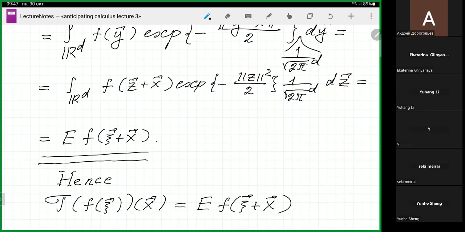Now it is more or less trivial that the Fourier-Wiener transform is just a convolution of the function f with the standard Gaussian density in Rd.